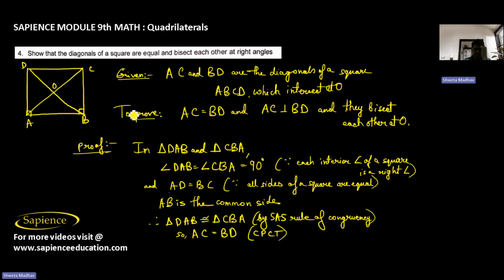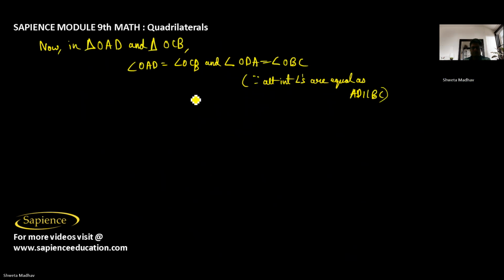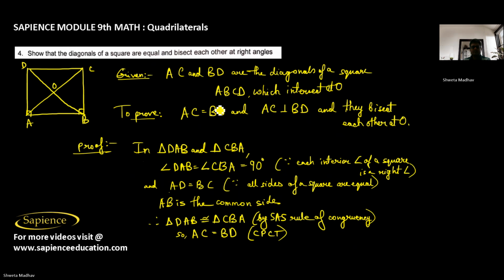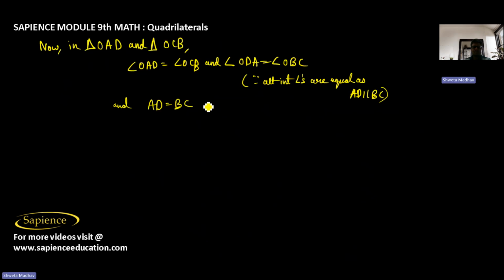All the sides are equal, and we can see that AD equals BC, since all sides of a square are equal.